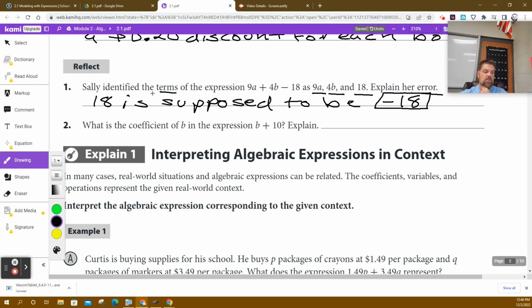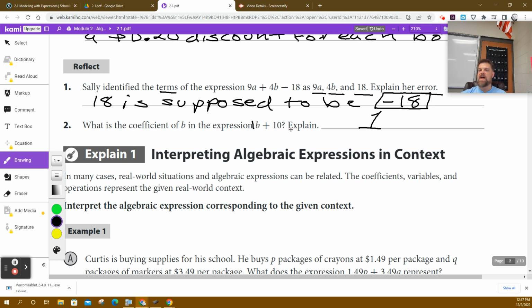Okay. Let's do part 2. It says, what is the coefficient of b in b plus 10? That's a trick question. What is the number in front of b? Well, I don't see a number in front of b, but how many b's are there? Just one. So whenever you see a b, or an x or a y, you got to think that's like 1b.